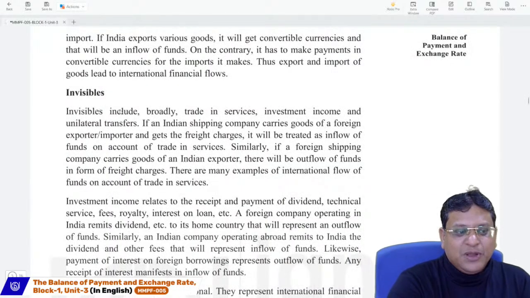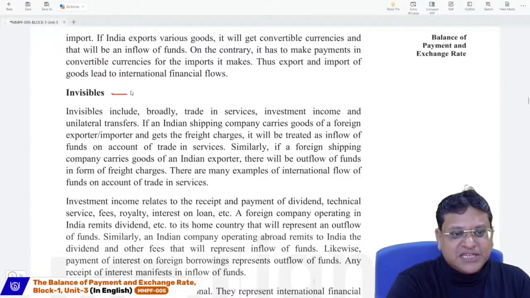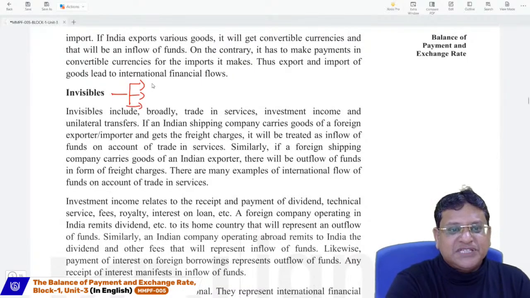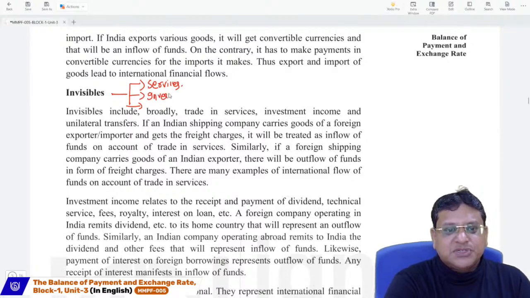What are the three parts? We have already discussed the classification of invisibles. The first part is foreign services. Second is incomes, that is investment incomes. And the third one is unilateral transfers, that is transfer payments or transfers.